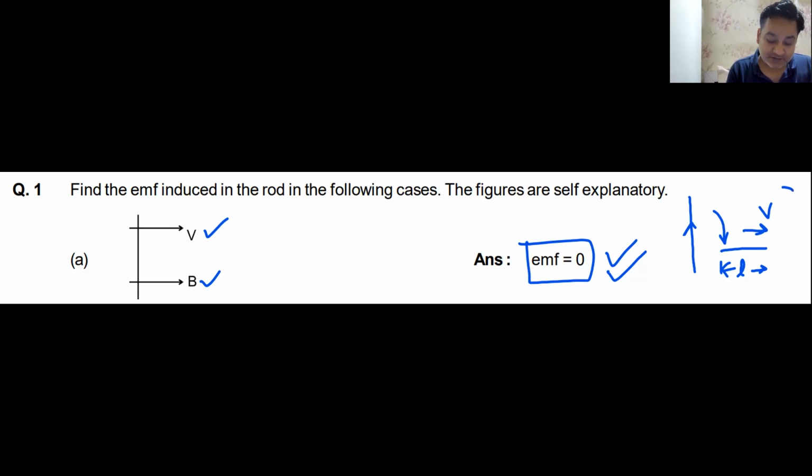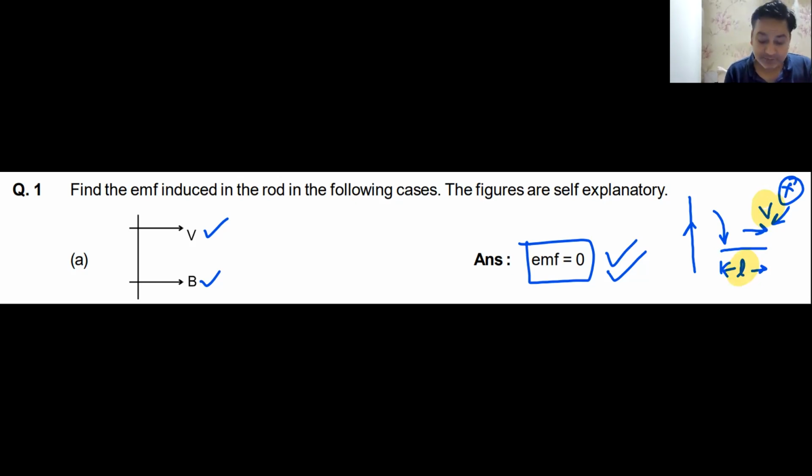See, magnetic field is going inside, V and B are perpendicular, but look at this V and look at this L. This V and L are parallel, yes or no? Parallel. Yes, sir. They are parallel. Therefore, the induced EMF in this part will be zero. Are you getting my point, bacha?